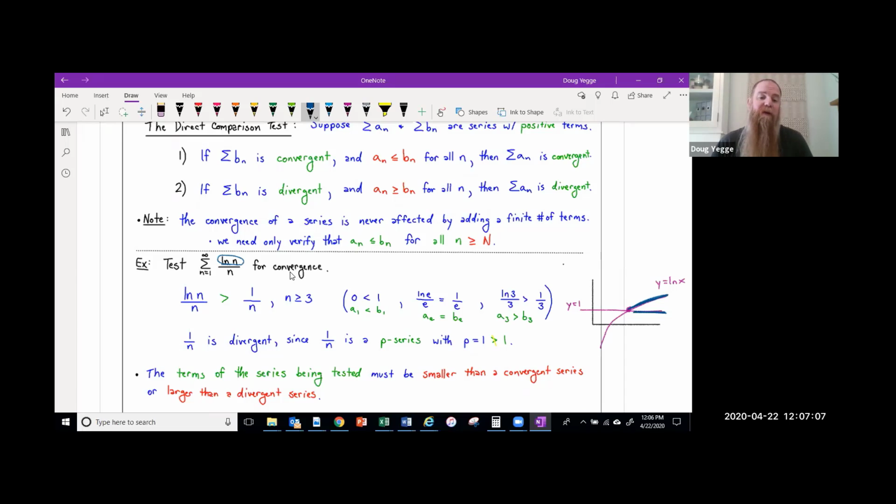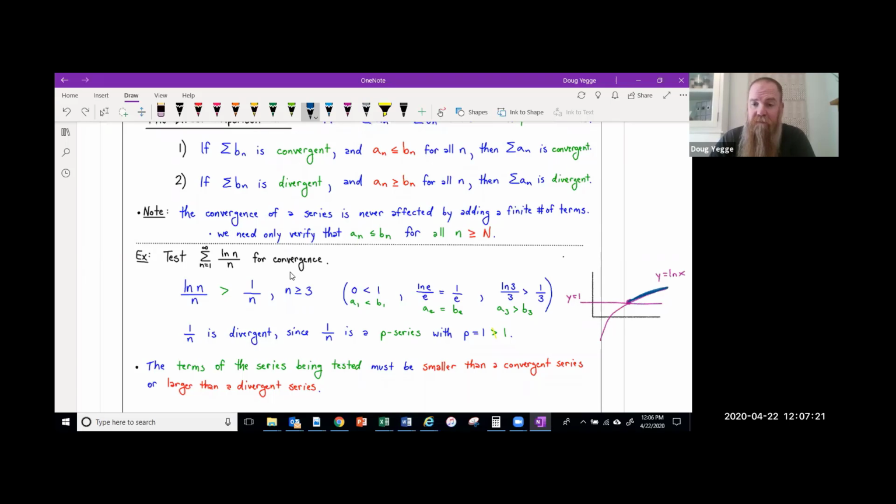So the best choice here is to say, well, I see that this has a denominator of n. P-series have denominators of n. So I'm going to choose a p-series to compare this to, and I'm going to compare it to 1 over n. That's really the only thing that we could say. It's basically asking, what does this most resemble? And so we're going to choose 1 over n.